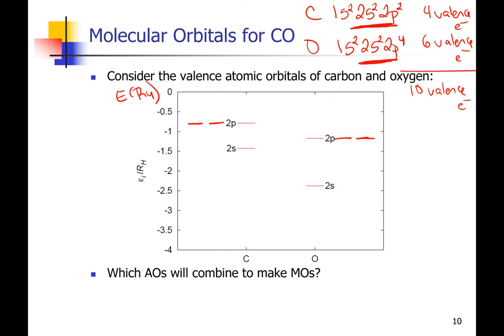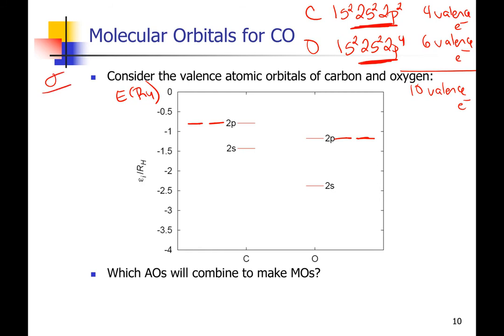So, once again, we've been asked which atomic orbitals will combine to make molecular orbitals. So we're going to take our atomic orbitals and divide them out into sigma symmetric and pi symmetric categories, and then check those for compatible symmetry and compatible energies.